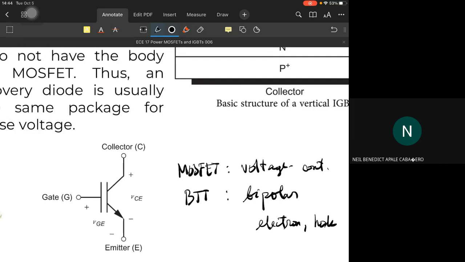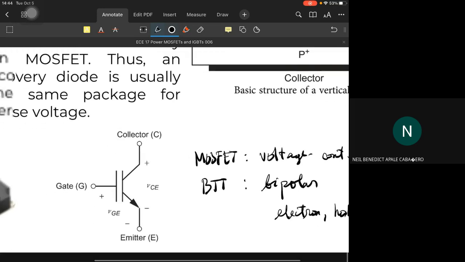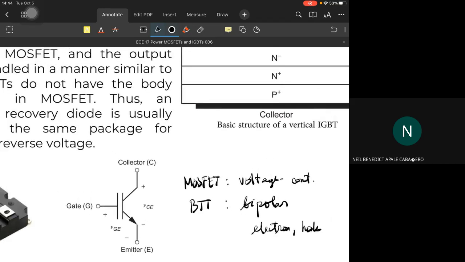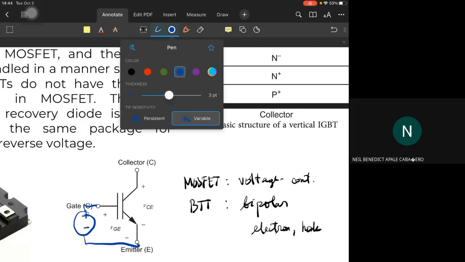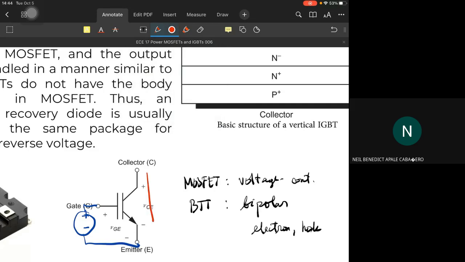So it is the best of both worlds, the best of both devices. If we apply a voltage at the gate to emitter, GE, current will flow from collector to emitter.